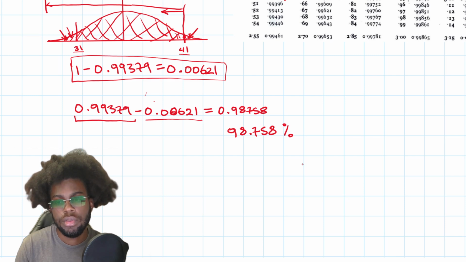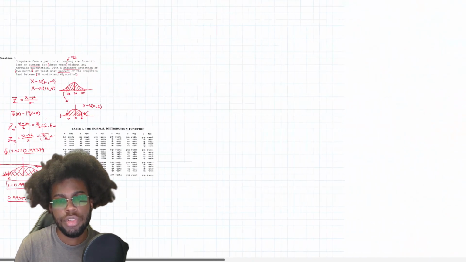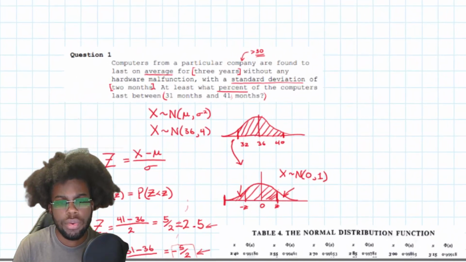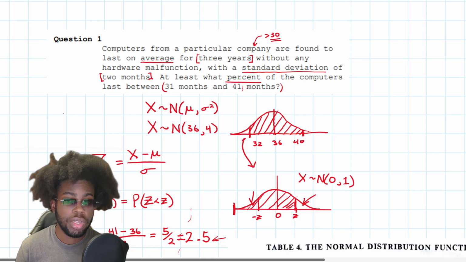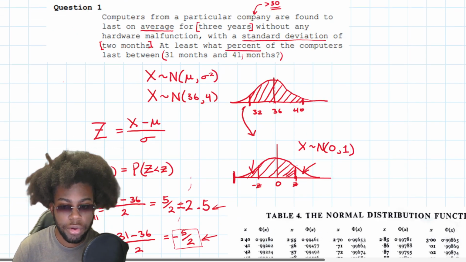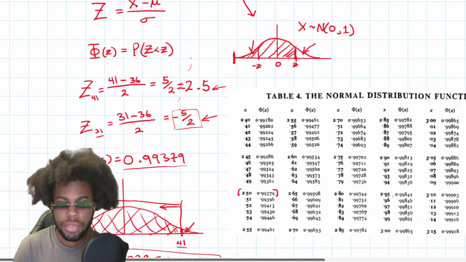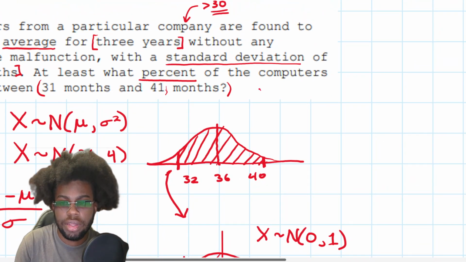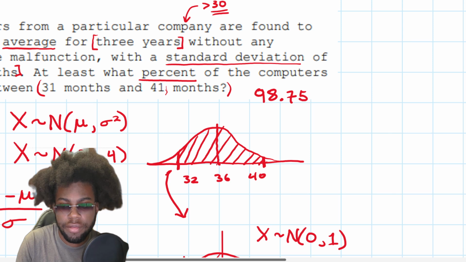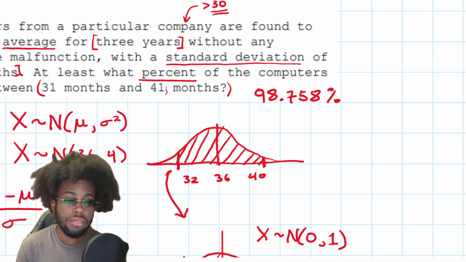So, to answer the question at the beginning, which asked, at least what percentage of the computers will last between 31 and 41 months? Well, the answer is at least 98.758% of those computers, which is quite a lot.